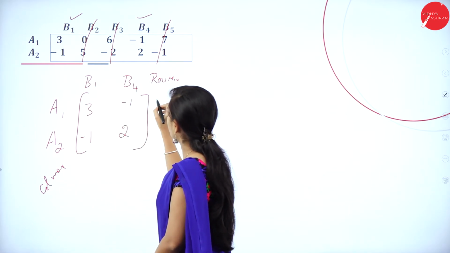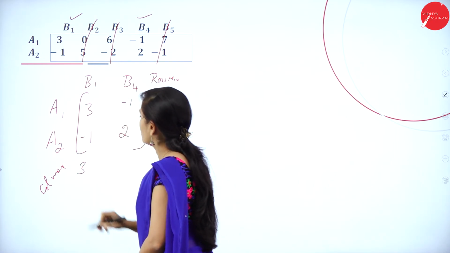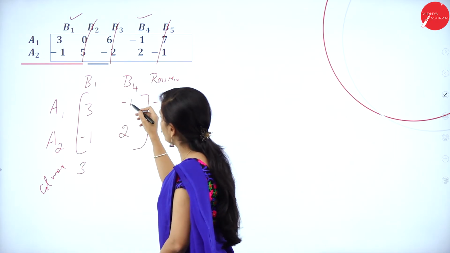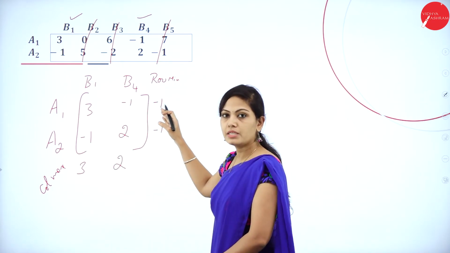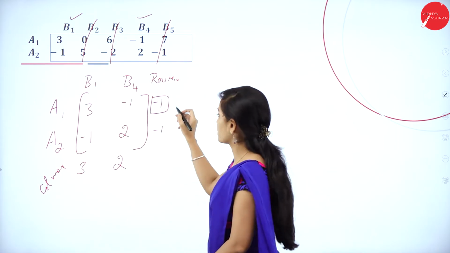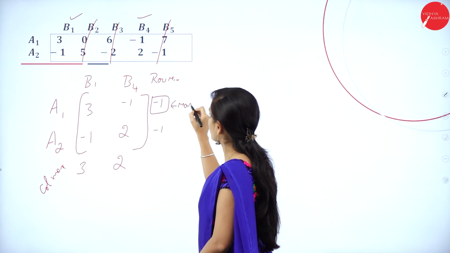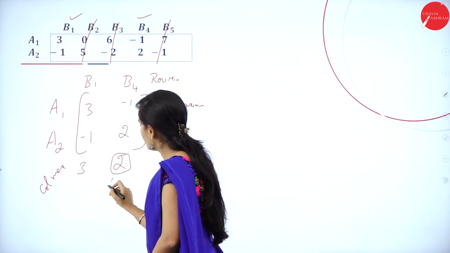Clear? So here the minimum value is -1, the minimum value is -1. The highest value is 3, the maximum value, and the maximum value is 2. So now here we have -1 and -1. You can choose any -1 as the maximin value. It is the maximin value.